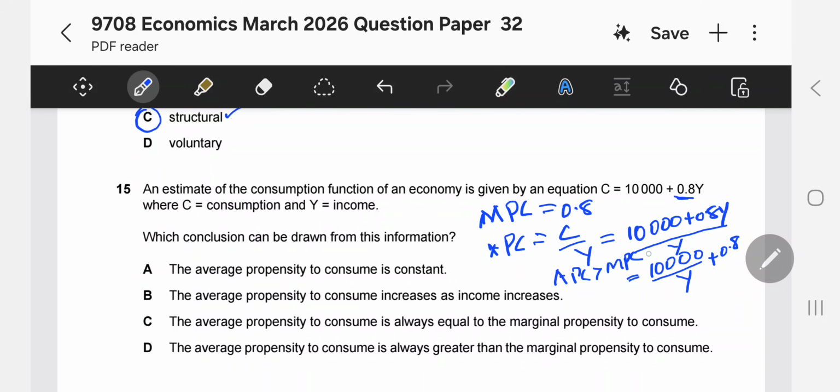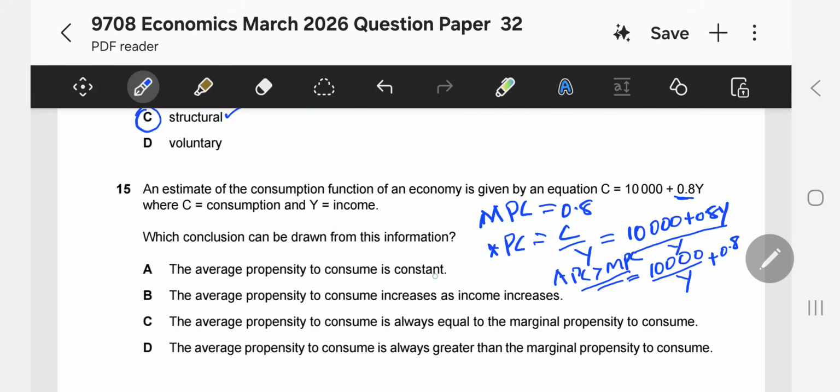It will always be greater because of this combination of things. You can try including an income of like 100 or 1,000 and you will see that difference there.